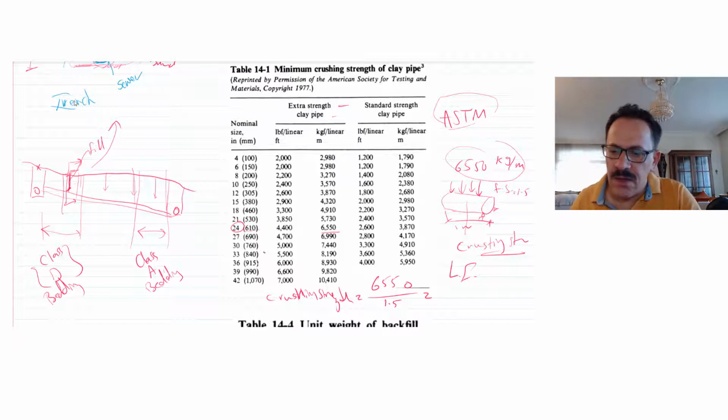I will say this 1 meter will be crushed upon using 4,366.67 kilogram per meter. Now this is safer.